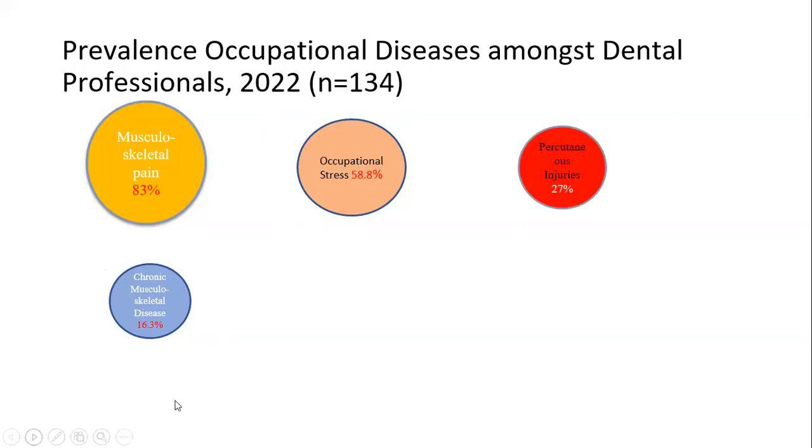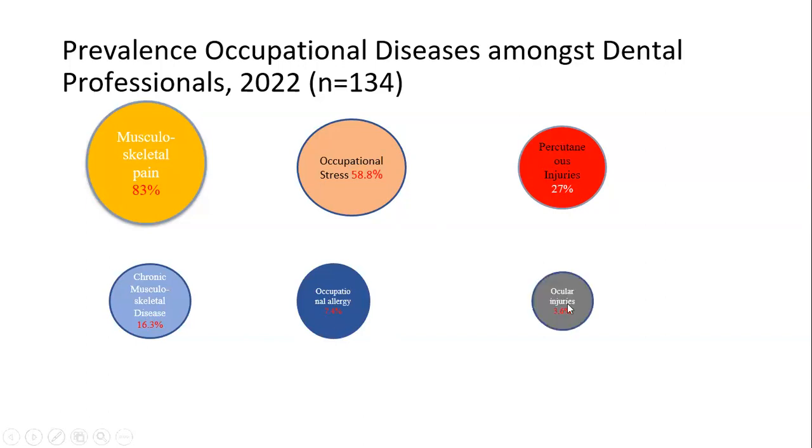And the other findings: percutaneous injuries, 27% were reporting that they had suffered percutaneous injuries, so fairly common. And allergies for me were a bit of a surprise. I thought this was a much more common problem, but for the cohort, we had 7.4%.